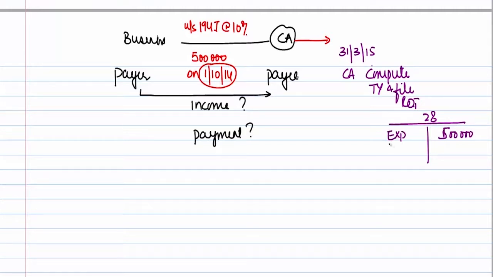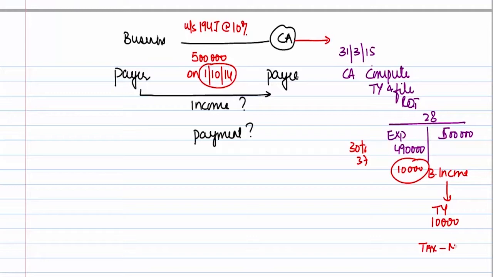Let's say the expenditure is 4,90,000, genuine, Section 32, 37. Therefore, income is 10,000. When he sees his total income, it comes to 10,000. There is no tax because it is below the minimum exemption slab, and I am assuming this is a proprietary concern.